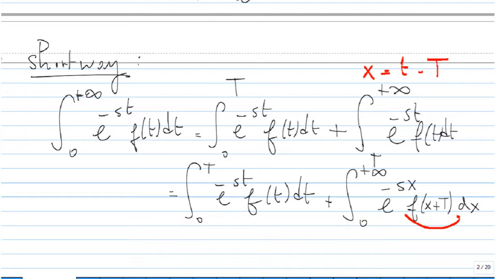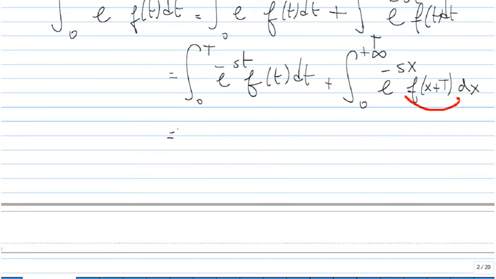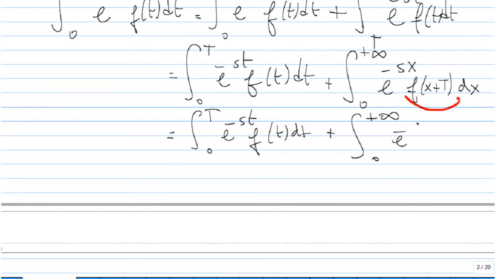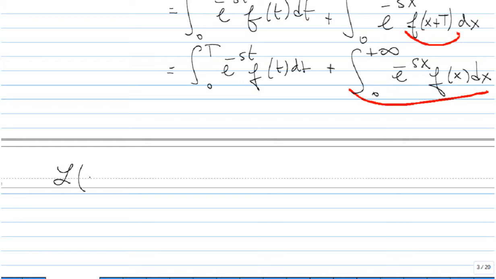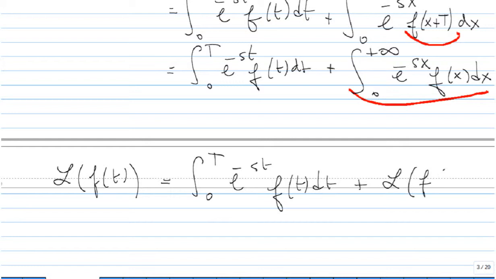So what we have now is the integral from 0 to T of e to the minus st f of t dt plus the integral from 0 to plus infinity of e to the minus sx f of x dx. But since x is a dummy variable, this is exactly the Laplace of f of t. So we get Laplace of f of t equal the integral from 0 to T of e to the minus st f of t dt plus Laplace of f of t.